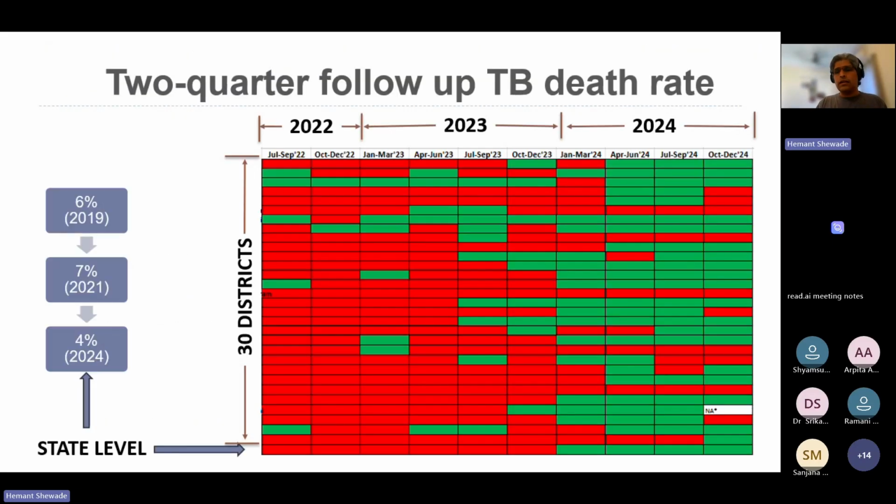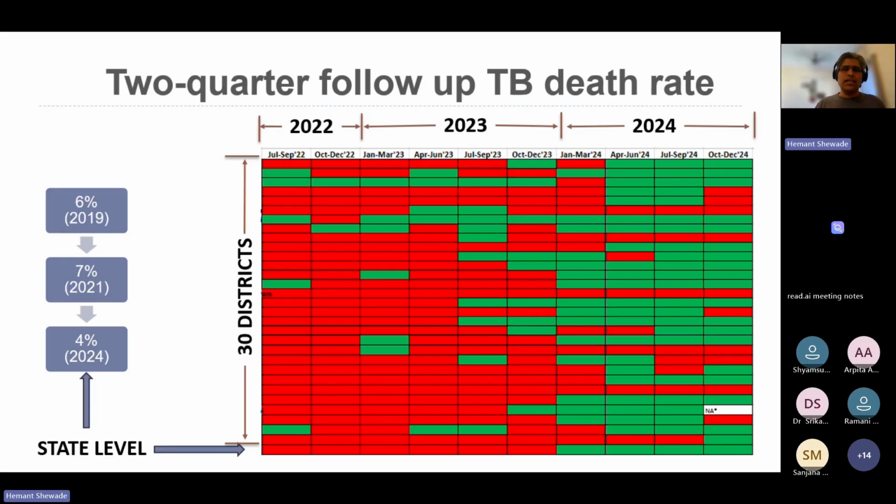If you look at monitoring, we had the 1997 process indicators and some quality indicators. What did it translate into in terms of TB death rate reduction? If you look at this chart, each row is one district and each column is a quarterly diagnosis cohort.